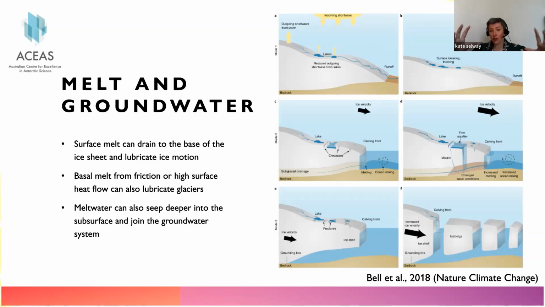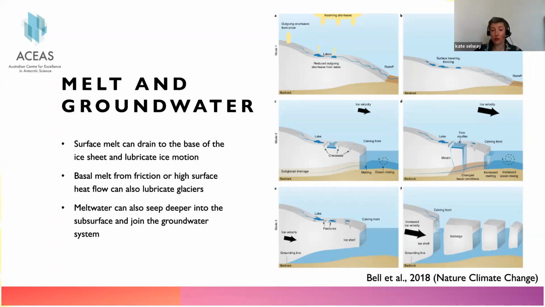But also that surface melt can drain down to the base of the ice sheet. And then when we have meltwater at the base of the ice sheet, that increases its lubrication, and it means that the ice can flow more quickly. This is particularly important at glaciers, where that surface melting can drain down and increase the flow of glaciers.